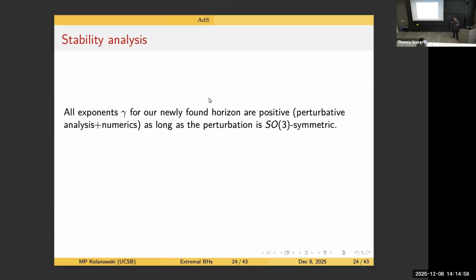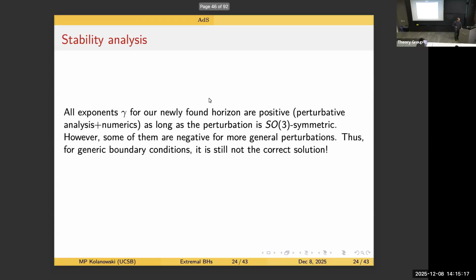And if you now consider these solutions that were SO3 symmetric, and you now try to check if they're stable under these small changes of boundary conditions, you find that they are stable, provided that your perturbations respect this SO3 symmetry. But they are still unstable under more general perturbations.